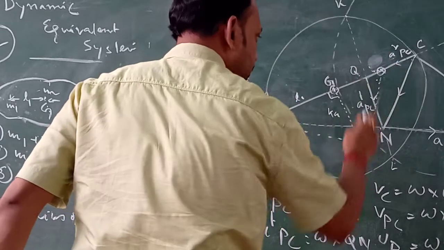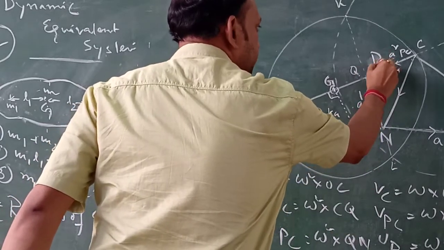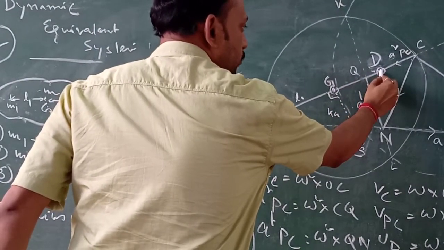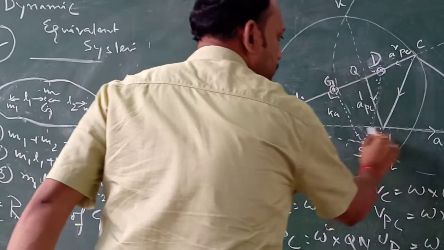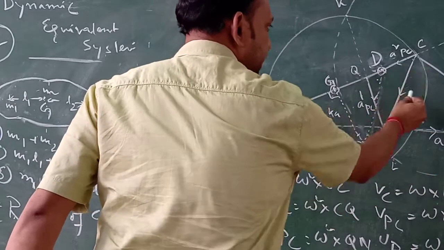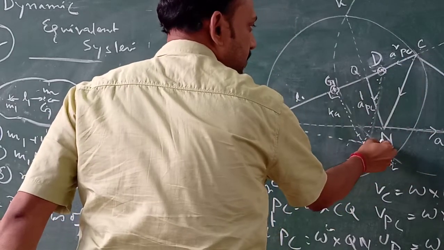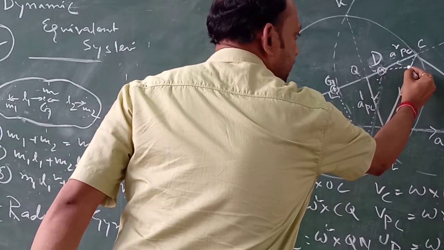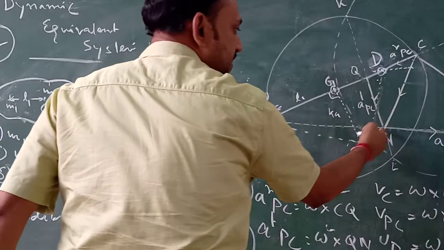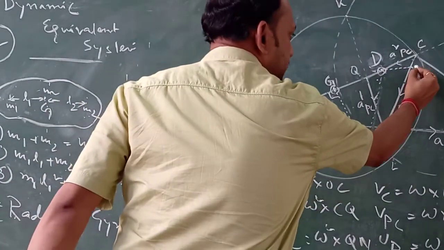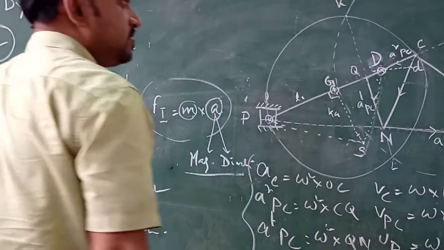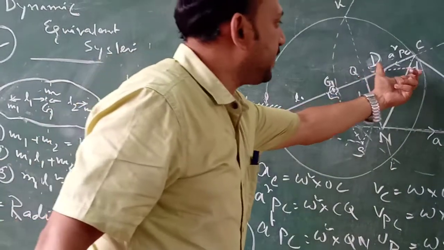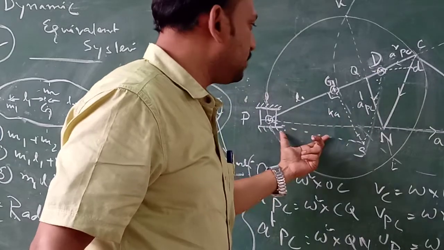Let this point be capital D. From this point capital D, we will draw a line parallel to the line of stroke, which will intersect CN at a certain point. Let us consider it to be small d. So capital D small d is parallel to PO.